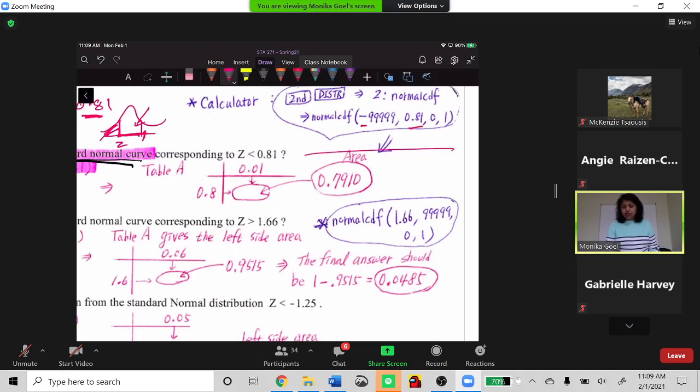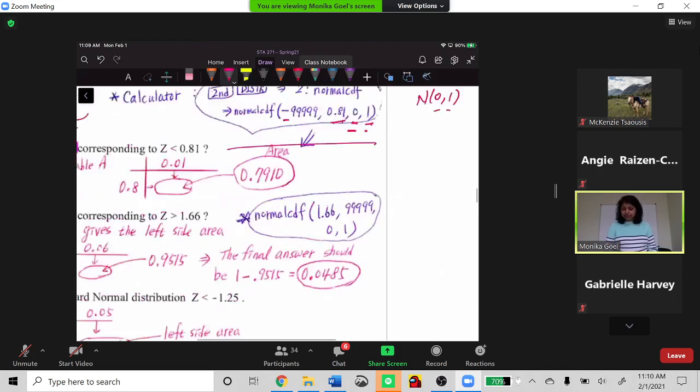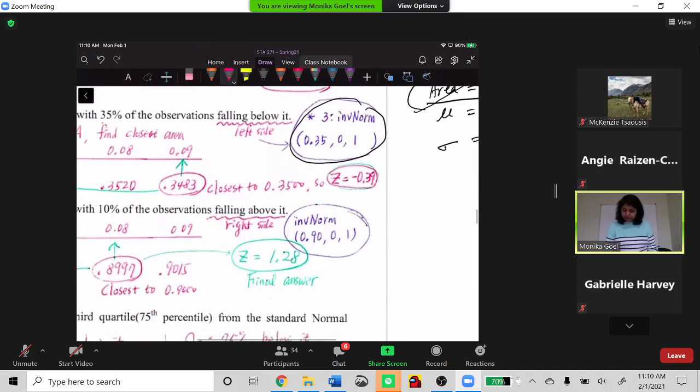And then this is your positive 0.81, and mean and standard deviation. Again, when we talk about the normal distribution, we are using mean and standard deviation as 0 and 1. And if your mean and standard deviation are different than 0 and 1, then plug in those mean and standard deviation, and then you can find that.